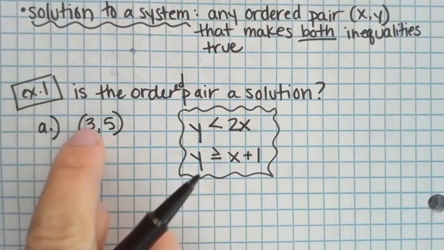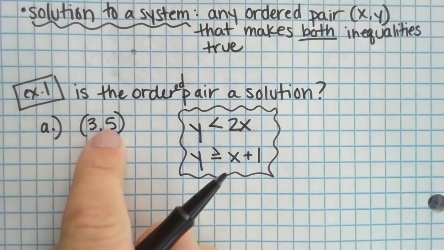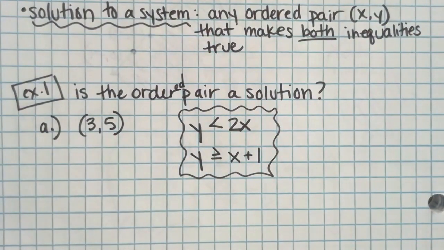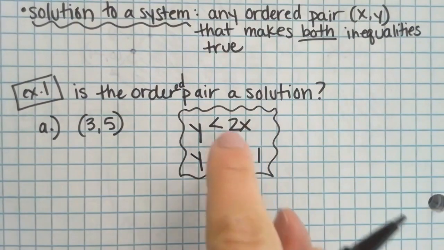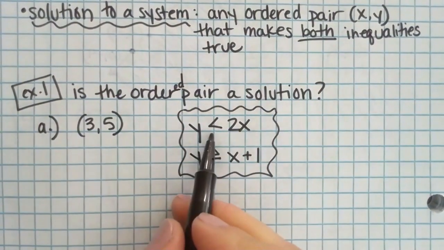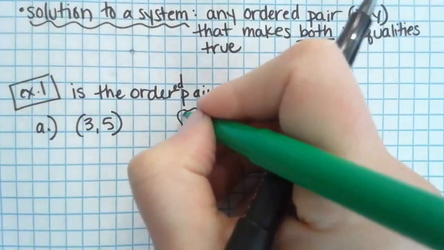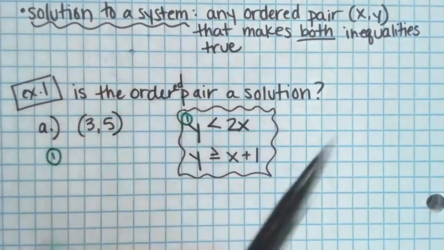We plug in 3 for x and 5 for y. The difference is now we need to plug in 3 for x and 5 for y in both linear inequalities. Okay? So let's start with this one. Hold on, I'm going to number them. All right, so if this is number 1, let's start with number 1.